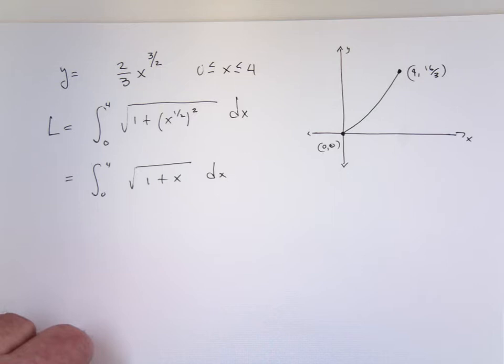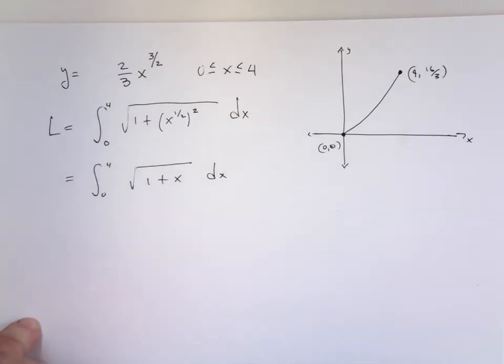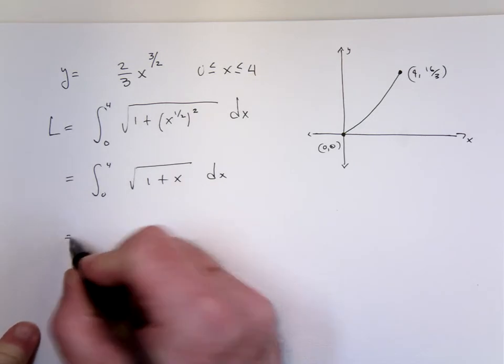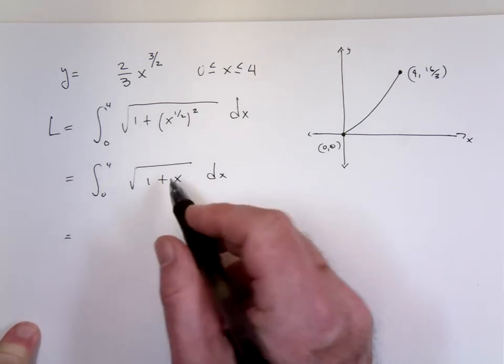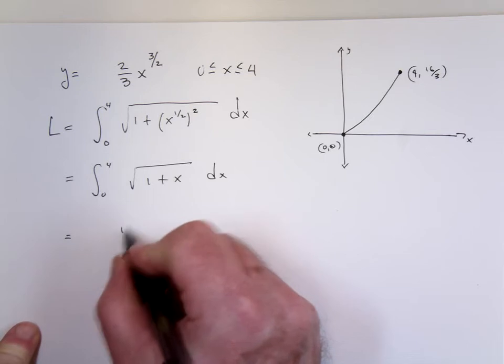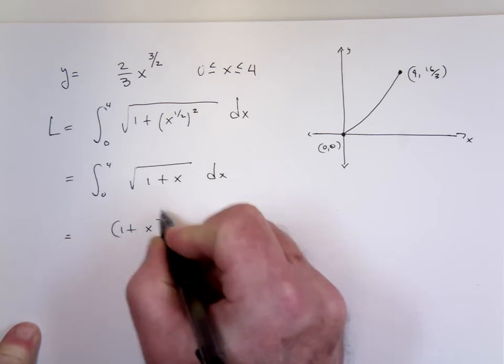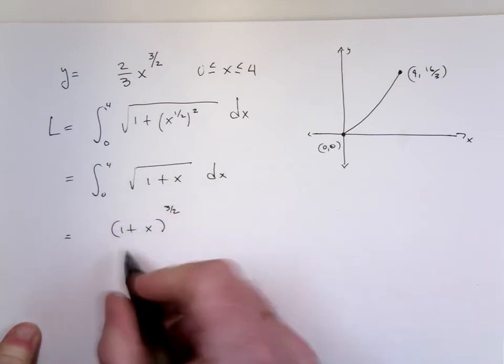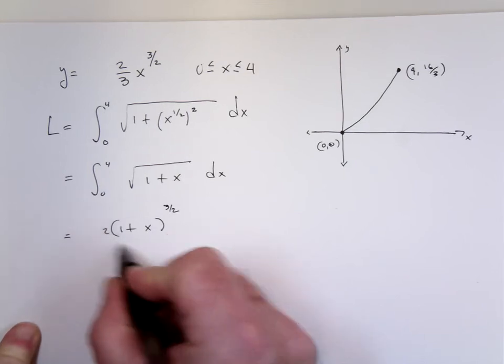How do we integrate that? What form is it? U to the n form, where u is 1 plus x, the du is dx. Don't even have to multiply by anything. It's just u to the 1/2, the integral of which is u to the 3/2 divided by 3/2, times 2/3. Okay?